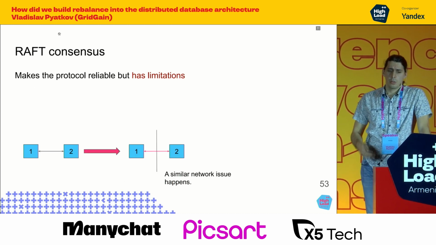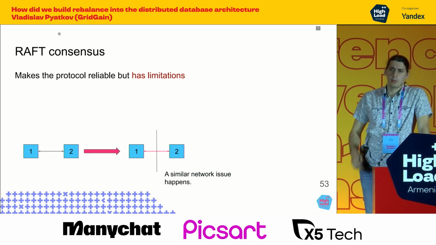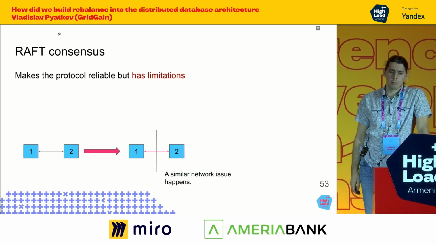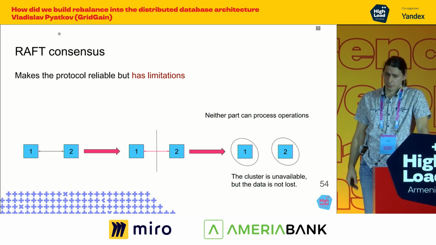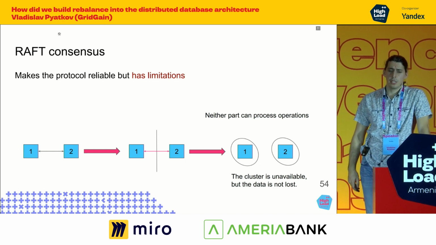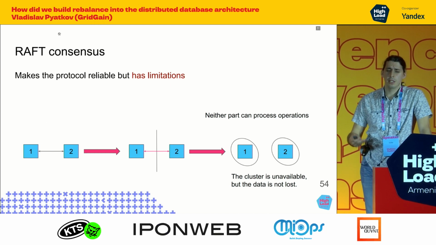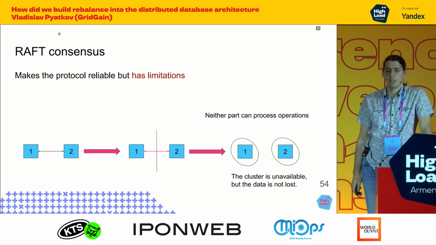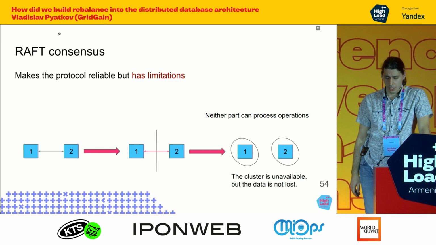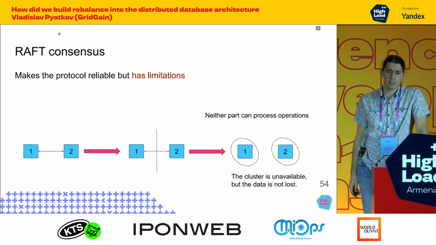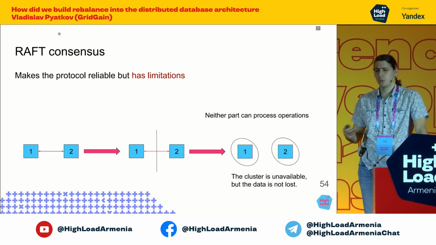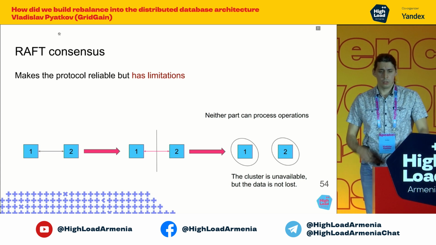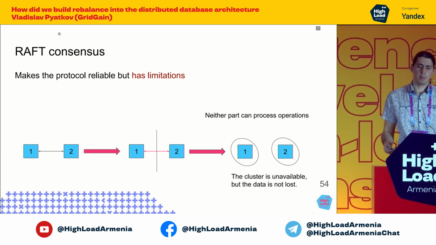And then at one time a split brain problem happens, and we have two nodes. Here, neither of the two parts of the cluster can process the data load, because no one has a majority. If you look at a two-node cluster, the majority of two is two, and in this case, all nodes are alive, but cannot process any data.